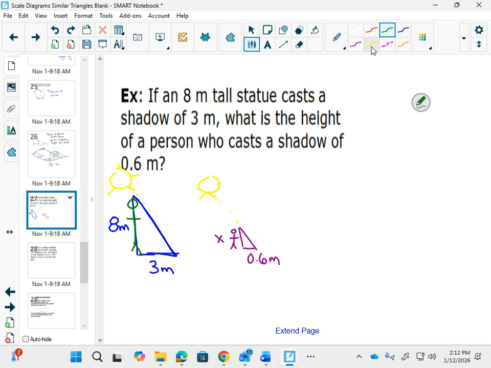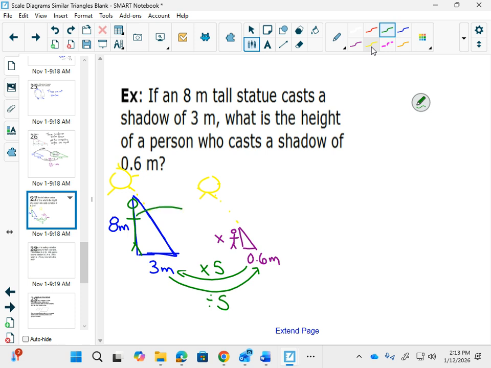So what would I have to do going from here to here? I multiply it by 5. From here to here is multiplied by 5. Wait, no. From here to here would be divide by 5.